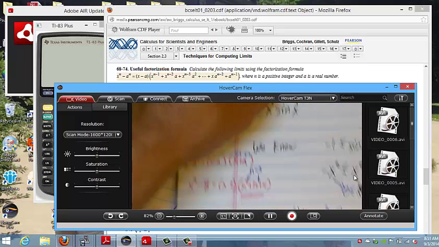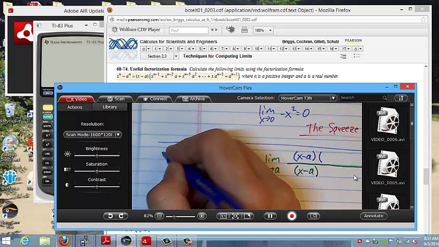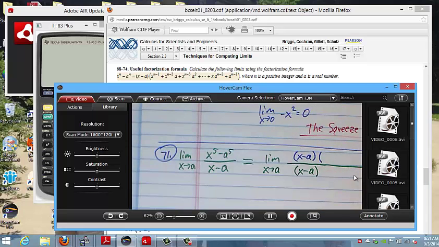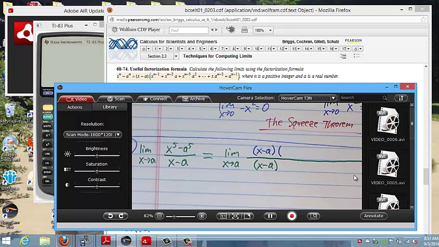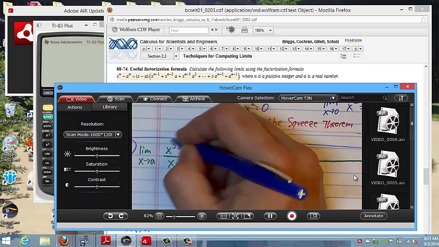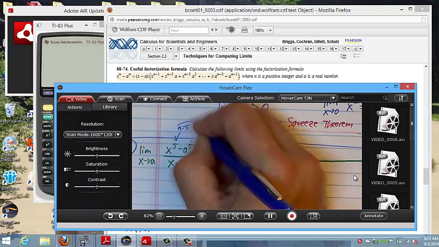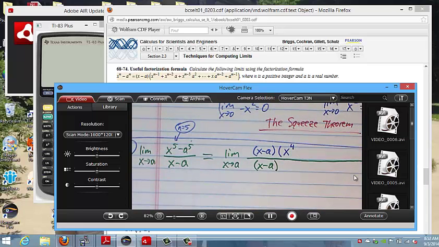So let me try to do now our problem. What number is this, guys? 71, thanks. So we're trying to do problem 71, using that formula up above. The very first thing I should write down is x to the n minus 1. Again, n equals 5, so I'm going to write x to the 4th. Does that make sense? Okay.